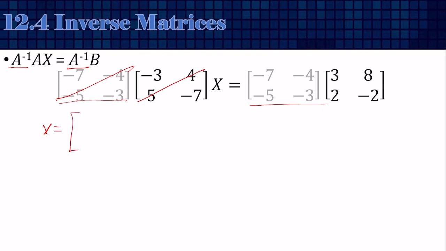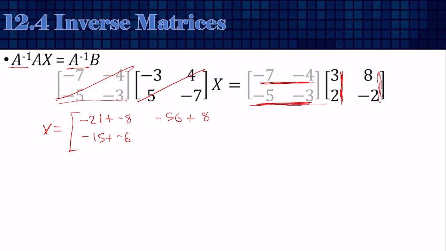So if I do the first row, first column, I'll have -7 times 3 plus 4 times -4 times 2. First row, second column, I'll have -7 times 8 plus -4 times -2. And then I can do second row, first column, -5 times 3 plus -3 times 2.